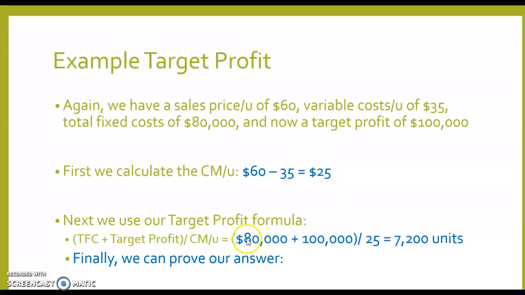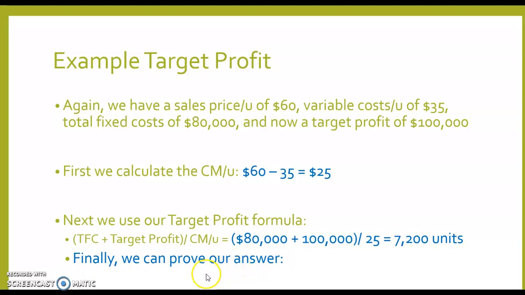We take our fixed costs, 80,000, plus our target profit of 100,000. That's our numerator, so that's 180,000. Then we divide it by the contribution margin per unit, which is 25. So 180,000 divided by 25 is 7,200 units. Okay, we need to sell 7,200 units, and we would end up with 100,000 operating income.